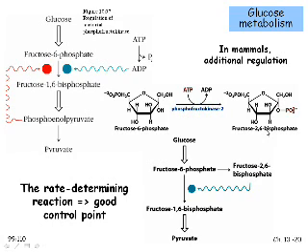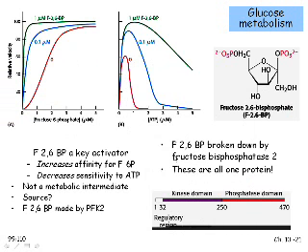And fructose 2,6-bisphosphate is a positive regulator of phosphofructokinase 1. So fructose 2,6-bisphosphate will increase the amount of activity for that enzyme. And we've seen these graphs before, but I think this draws together in one set of graphs several of these regulators at once.